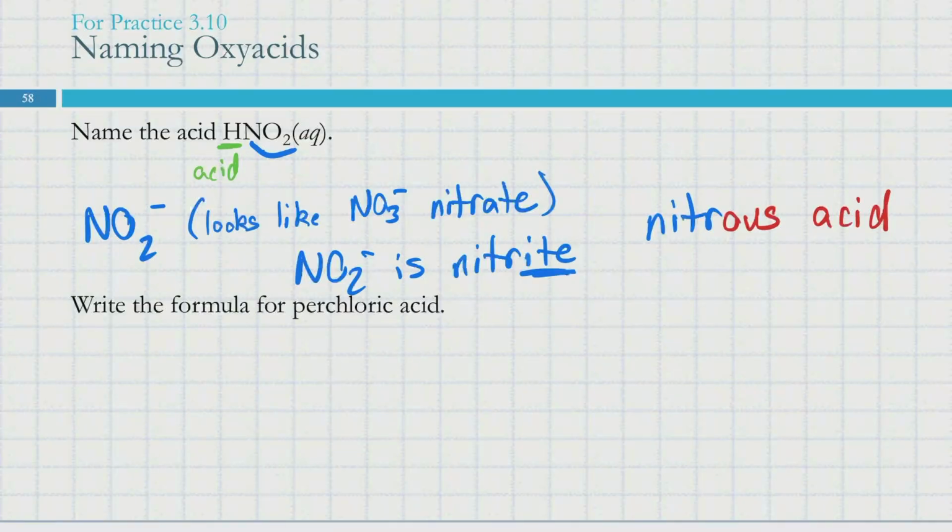And we want to write the formula for perchloric acid. What kind of compound is perchloric acid? It's an acid. What kind of acid? An oxyacid. We've got a per prefix. We're only going to see the per prefix in oxyacids. We also don't have hydro.